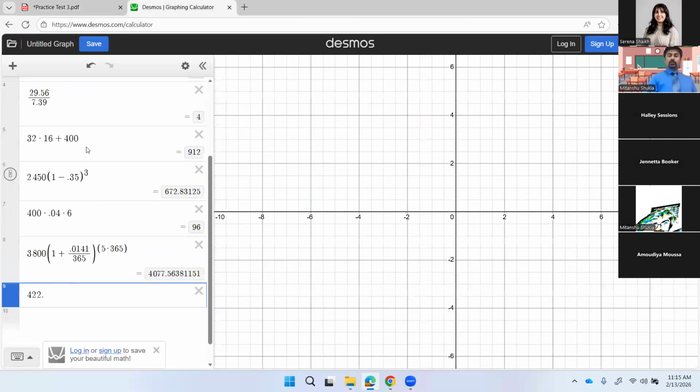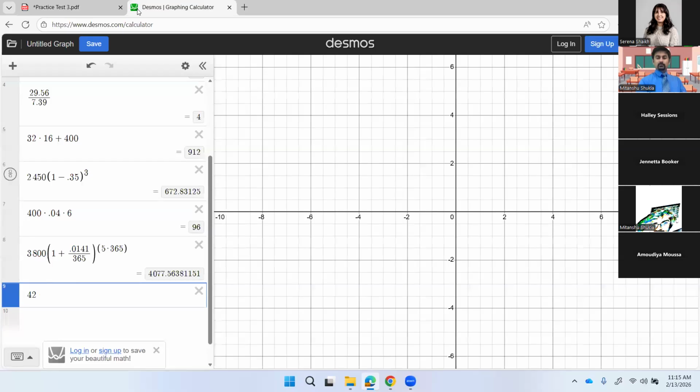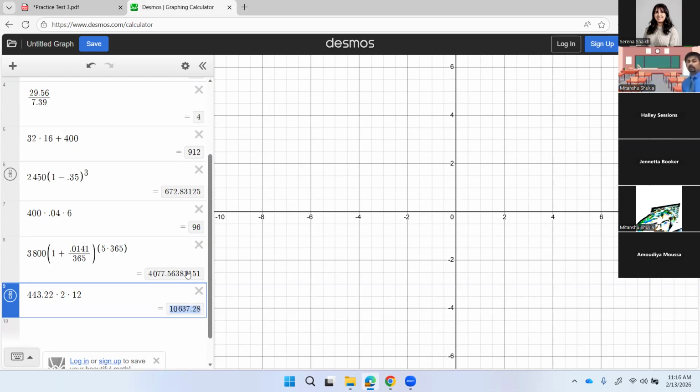I'm going to multiply it by 2 because she did that for 2 years, and times 12 because she did this 12 times a year. So she spent $10,637.28.